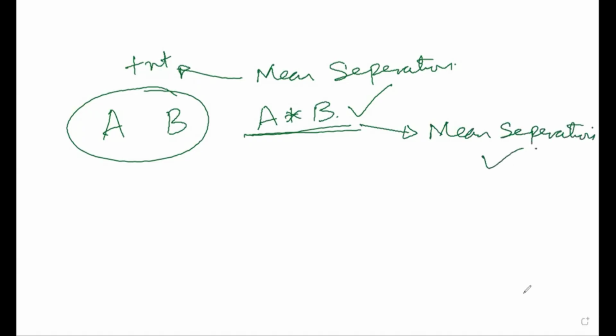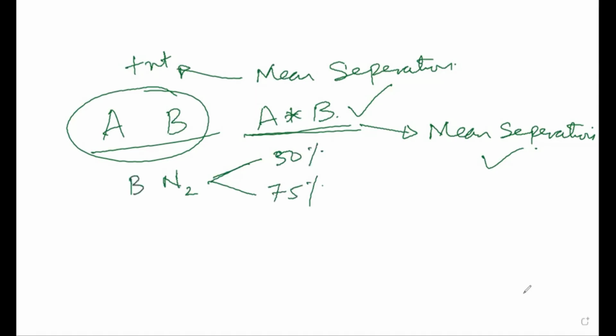How to do the mean separation here? Because here we have factors A and B. I will take one example. Nitrogen: we have two nitrogen levels, let's say 50% and 75% nitrogen.